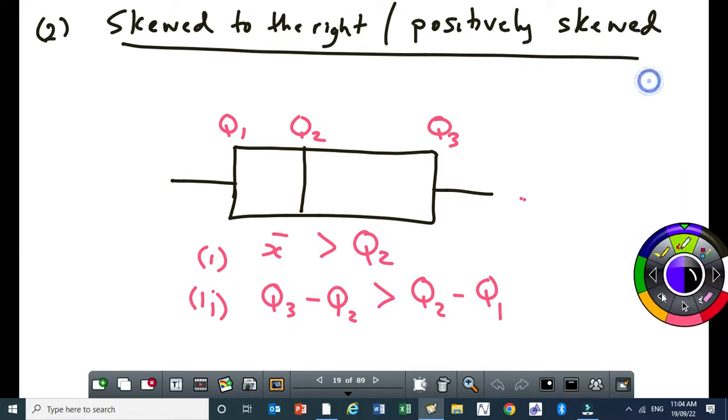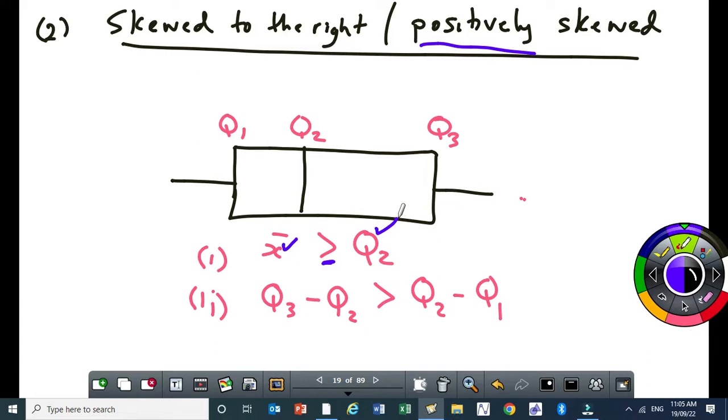Then, the data can also be skewed to the right, or we say it is positively skewed. If the data set is skewed to the right or positively skewed, it means that the mean is greater than the median. So, before you do anything, check the value of your mean.